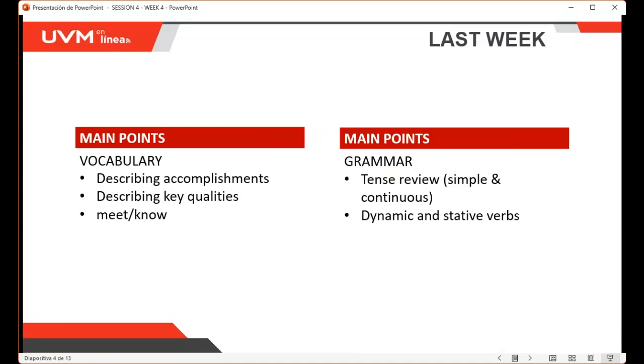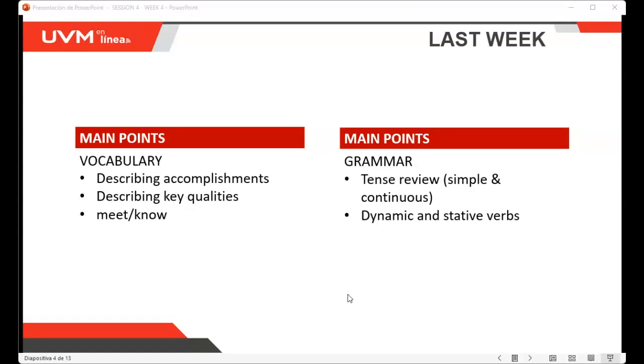Well, the main points, as you know, are vocabulary and grammar. So in Unit 1, you revised important vocabulary. In this case, you revised vocabulary for describing accomplishments, for describing key qualities, the difference between meet and know in introductions, especially with people.